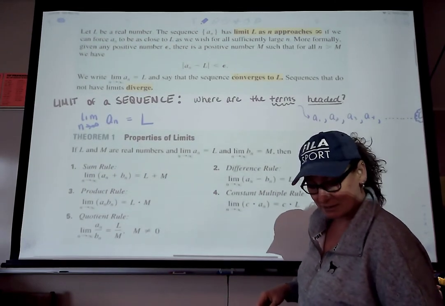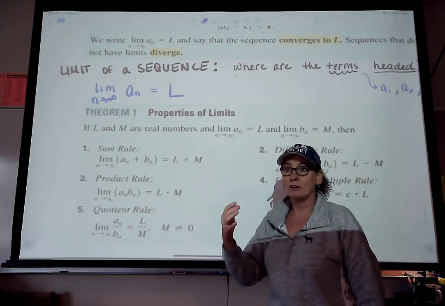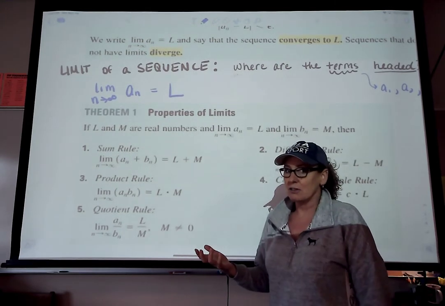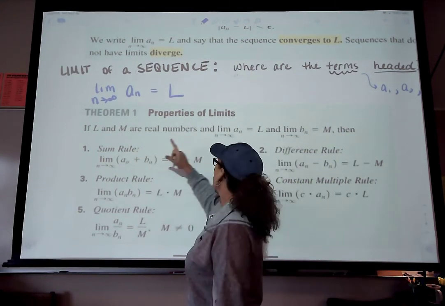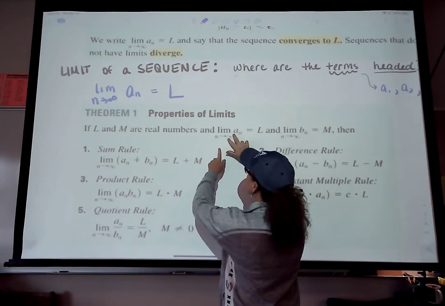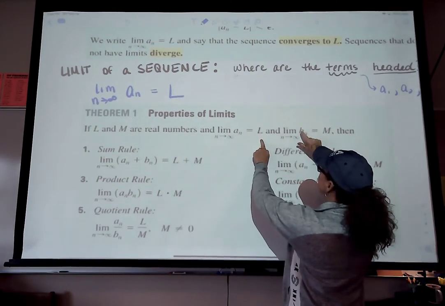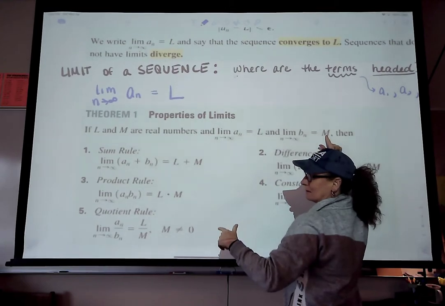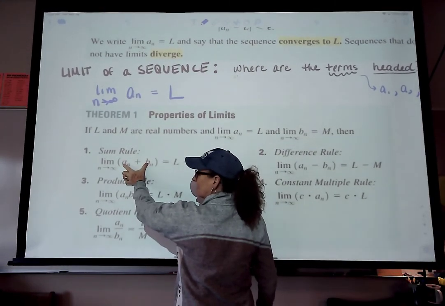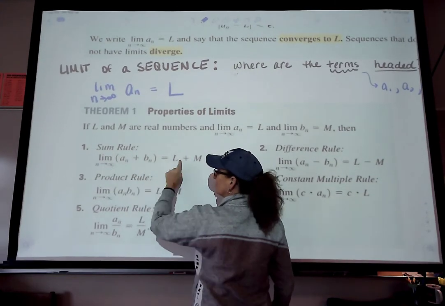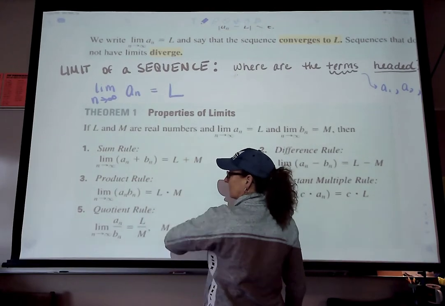Since we're doing limits, this is just a good reminder of what's legal when you're doing limits. Pretty much anything you want to do with a limit is legal. So this is saying, suppose that the limit of this sequence has an answer of L, and the limit of this sequence has an answer of M. If you want to add those two sequences together, you can do the answer to this limit plus the answer to this limit.